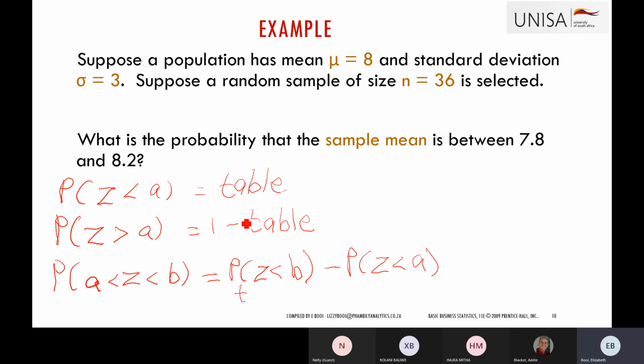This will be our table value, and this will be our table value. Okay, if we still remember those concepts, then let's find this probability.